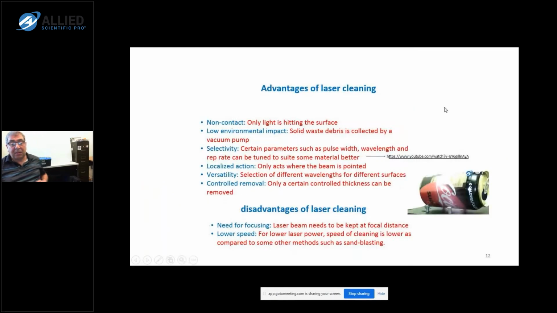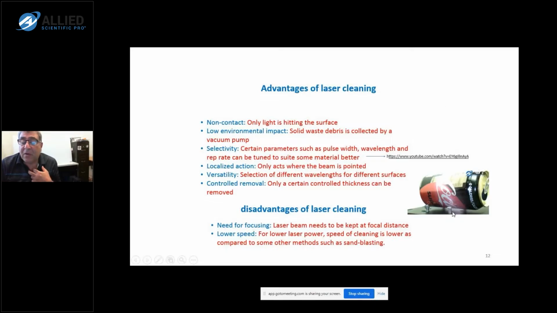On the other hand, laser cleaning is a non-contact method, so you don't use a secondary medium at all. The only thing that is hitting the surface is photons. So it has low environmental impact because the debris is collected by a vacuum pump on the spot. And one great thing about laser cleaning is its selectivity.